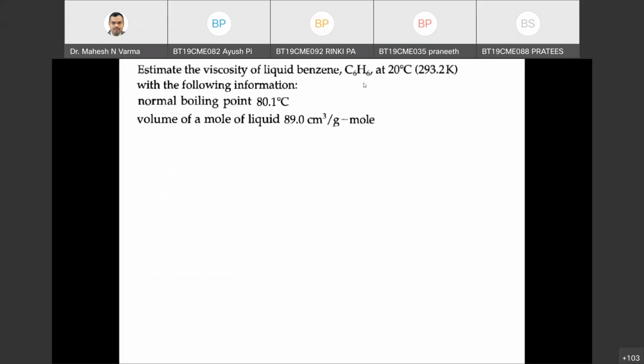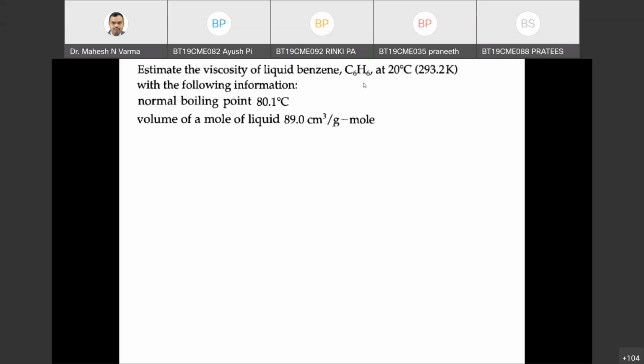So, can you see the problem? Yes, sir. Okay. Can you just try to solve this problem? Estimate the viscosity of liquid benzene at 20 degrees Celsius.